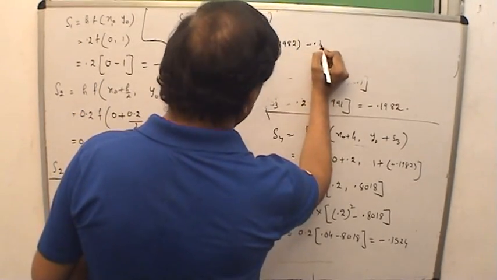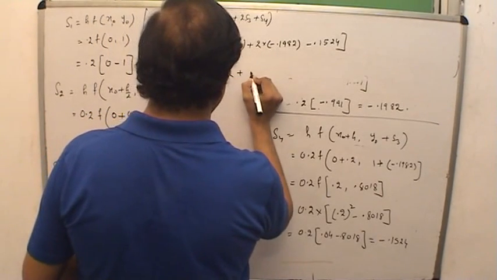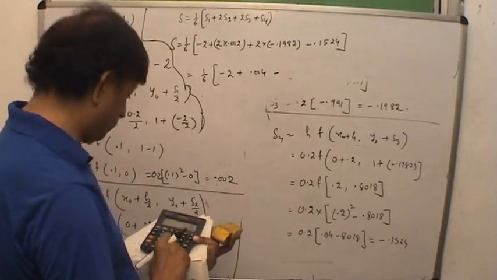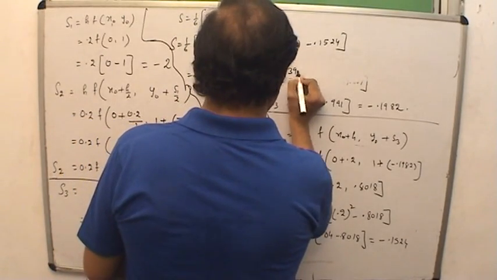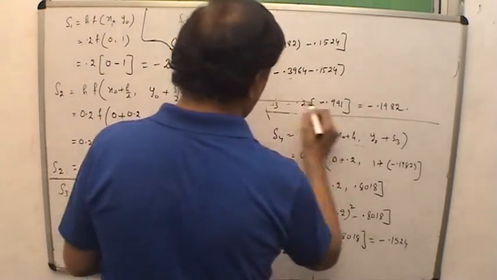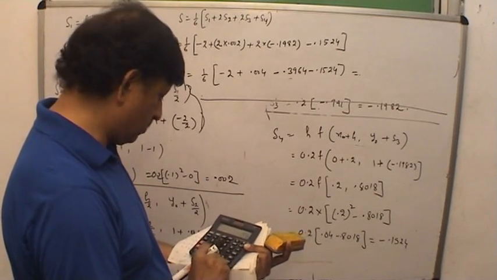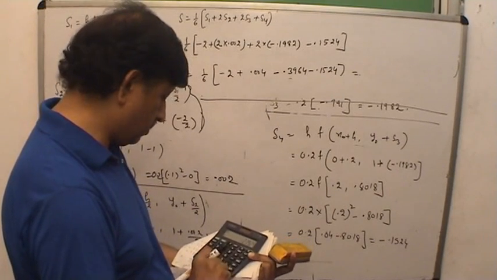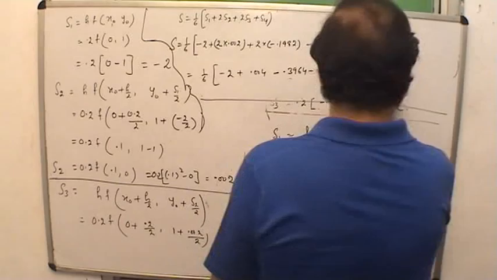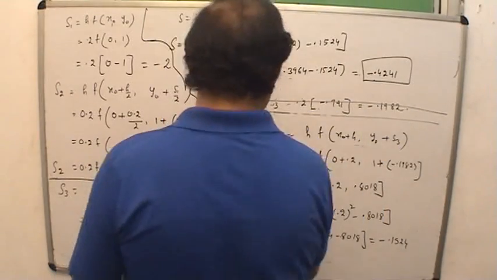S4 is minus 0.1524, that is equal to 1 by 6 into minus 2 plus 0.004 minus 0.3964 minus 0.1524, and that is equal to minus 0.4241 approximately.